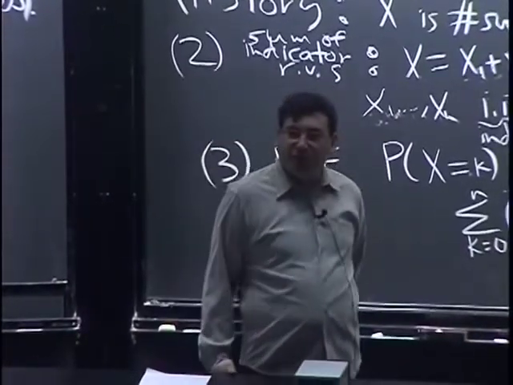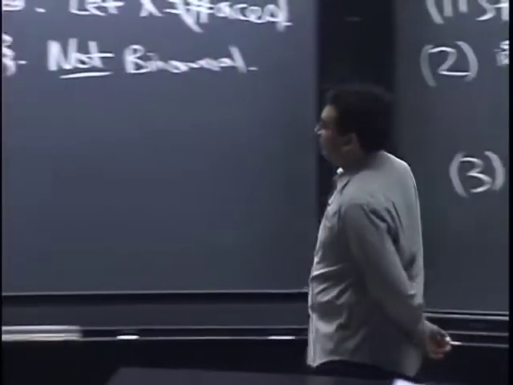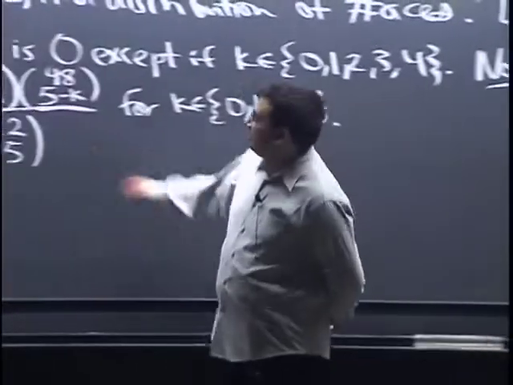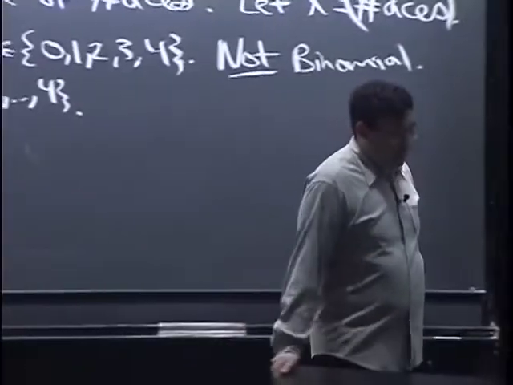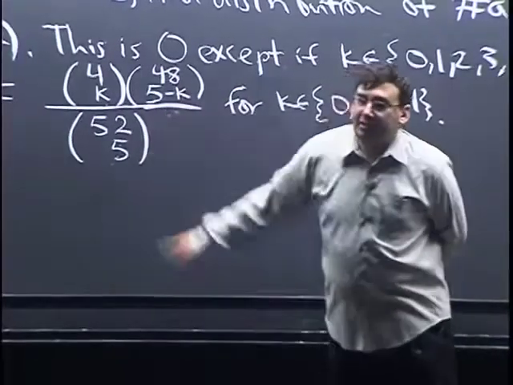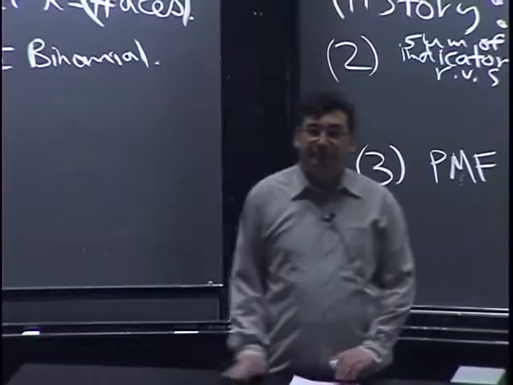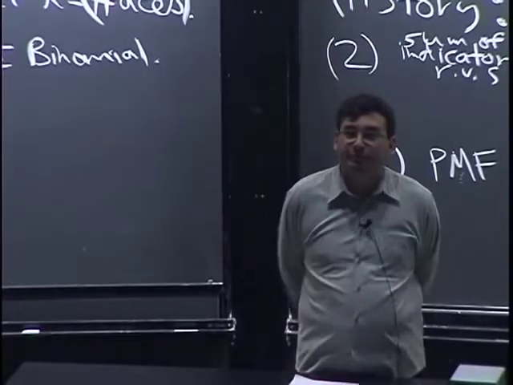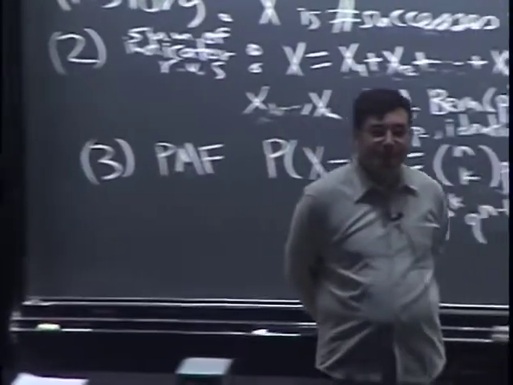But that's not the end of the problem yet, because I want to check whether this actually makes sense and see how it relates to other things. First of all, does this probability remind anyone of anything that we've seen before? Yep.